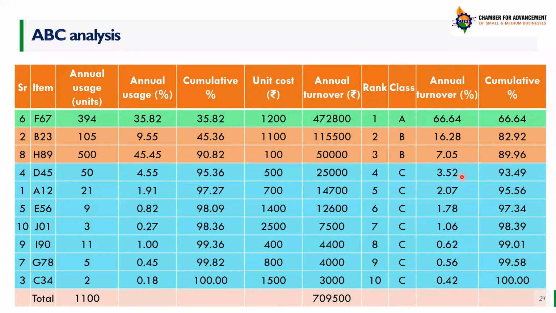I think it must have become more clear how these analysis methods work. For class A items, we have to tightly monitor the inventory. For class B items, there can be good inventory management, but not as tight as class A. And for class C, we can loosely monitor the inventory.